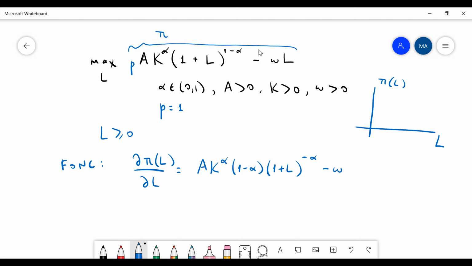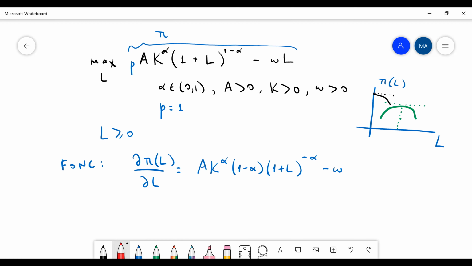Now, what you know from last week's discussion is that there are three cases. In one case, let me use green, there is an interior optimum. In another case, let me use black, there is a boundary optimum, but the boundary optimum still has this derivative equal to 0.